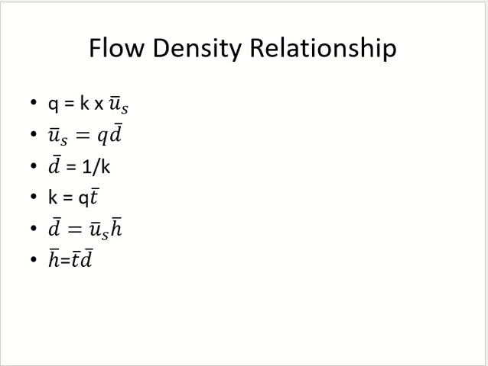Space speed. And d dash is the mean spacing, the distance between vehicles. You will take multiple distances and do the simple mean, d dash. So d is the spacing between two vehicles, and d dash is the mean of multiple vehicles.